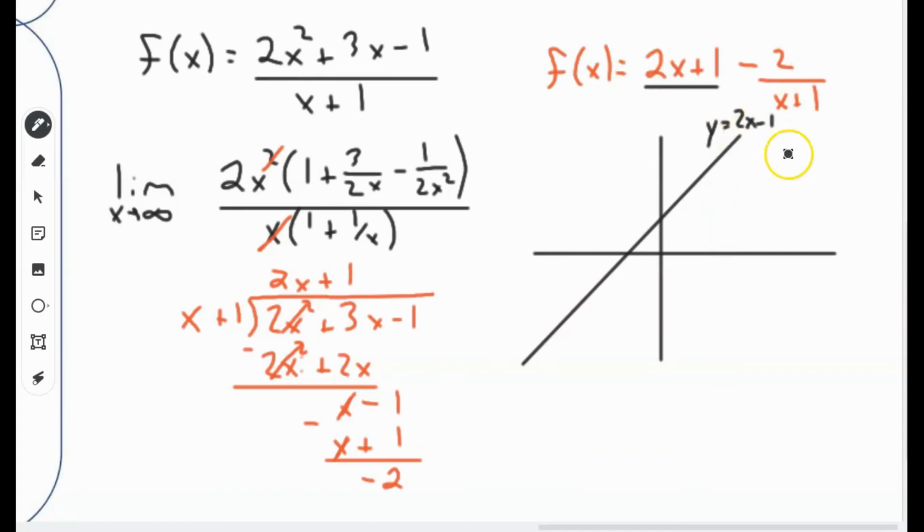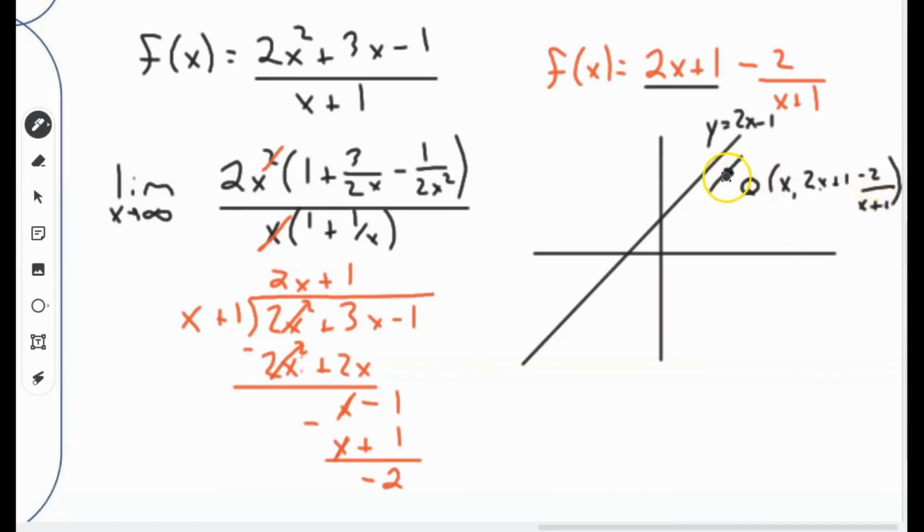And if I were to draw this whole function, well, I'm not going to draw the whole function, but at some point around this point Q, where Q is the point x and 2x plus 1 minus 2 over x plus 1. So that's its coordinates. I can write that in there. So x and 2x plus 1 minus 2 over x plus 1.